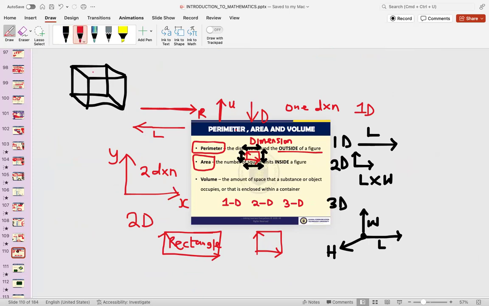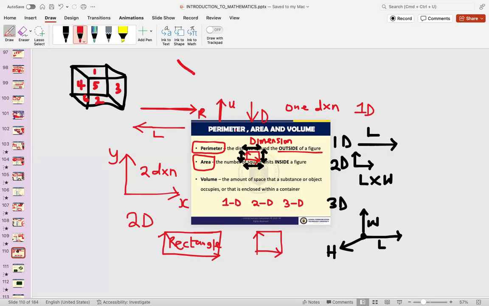So for instance, if you have the numbers as follows, so maybe you have 1 here, you have 2 here, you have 3 here, you have 4 here, you have 5 here, you have 6 here. So if you look at the drawing, you see that you are seeing something like this.